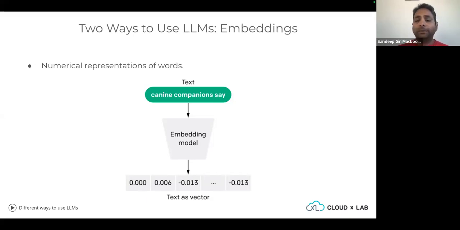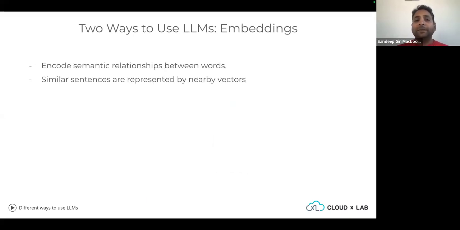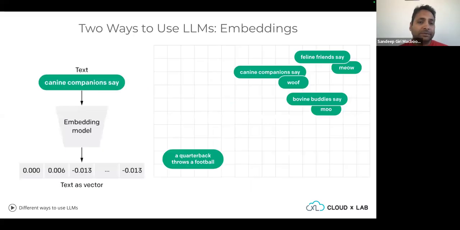Now, the cool part about embeddings is that there is a semantic relationship between the embeddings. Similar sentences would be represented by close by embeddings. Like, for example, here, canine companions say woof. This one is the canine companions say woof, that's close by to each other.